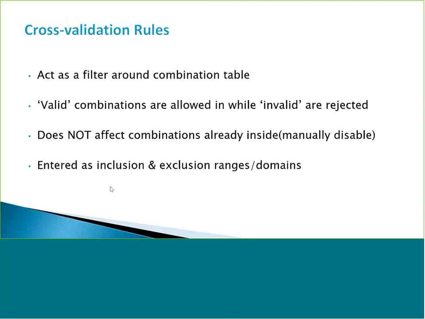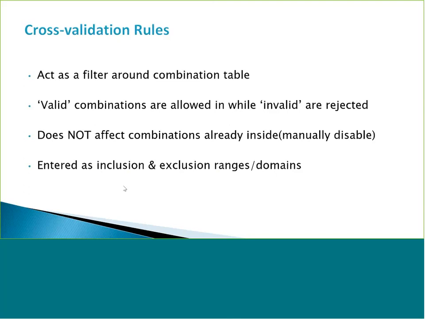And then you enter an exclusion range, which shows the particular values that you want to reject, the invalid ones. Oracle will read the first inclusion range, and then it will read the exclusion range, which shows the values which are not allowed into the combinations table. So if you try to enter any of those combinations that are in the exclusion range, you will get an error. You will be told that this is not a valid combination.